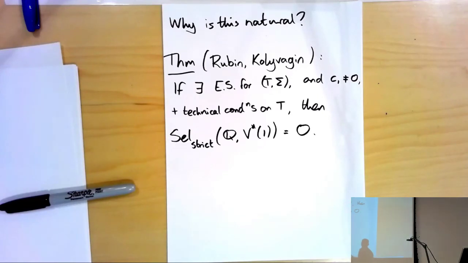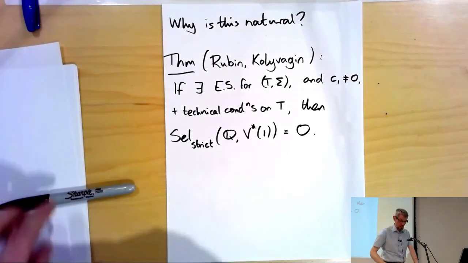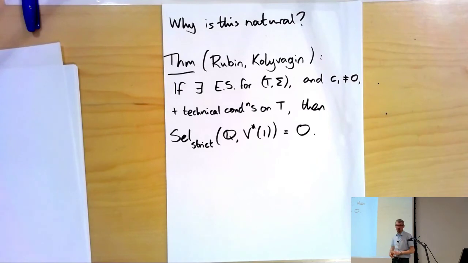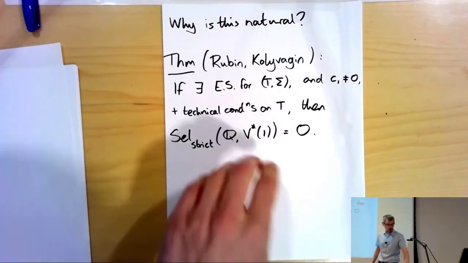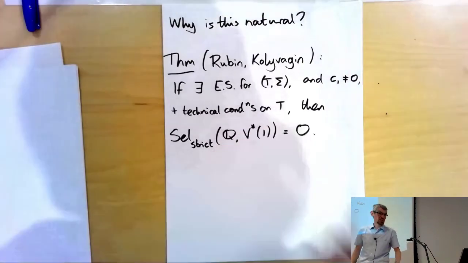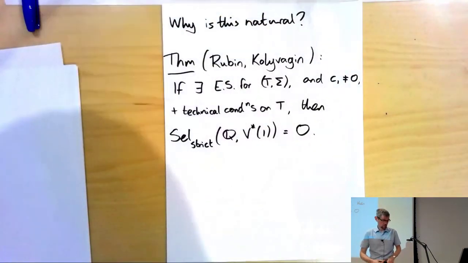So if you want to prove the Bloch-Kato conjecture, you want to know something about the Bloch-Kato Selmer group, but the difference between the strict Selmer group and the Bloch-Kato Selmer group is something purely local at p. This gets you almost all of the way to understanding the Bloch-Kato Selmer group.